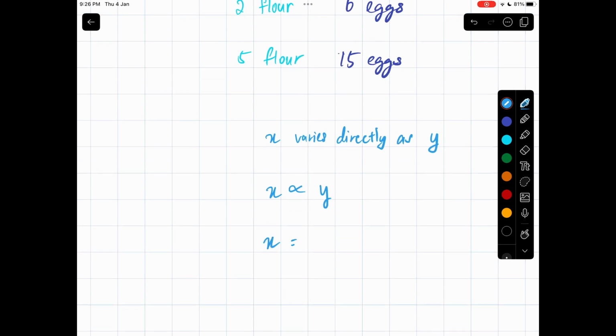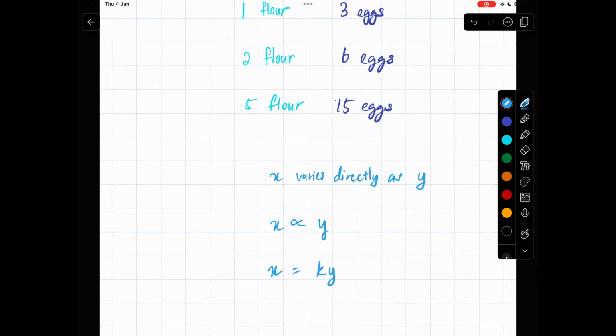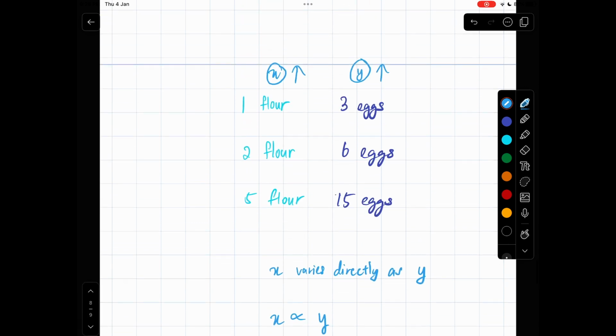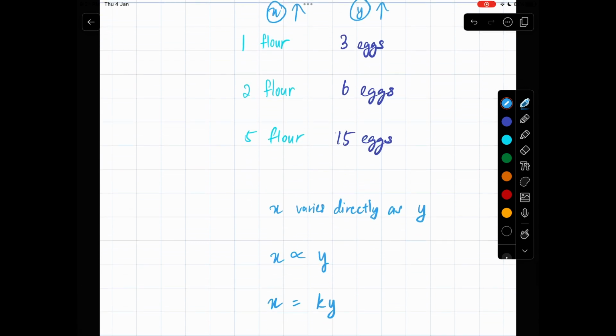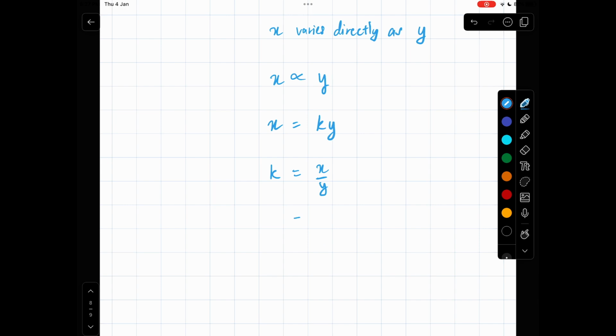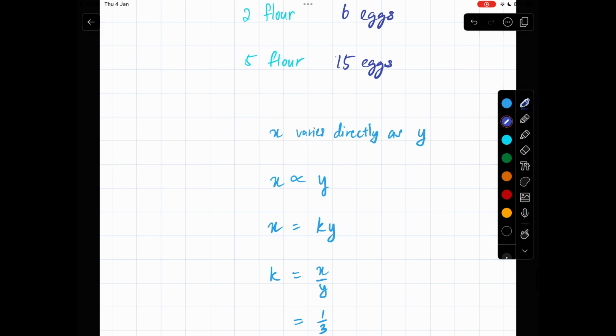Now, when we write it down in equation form, we will have Y equals KX. To find K, we have to rearrange it. So K equals Y over X. Since we have the values of X and Y, let's substitute them. X is 1 and Y is 3 in the first instance. So we have K equals 3 over 1.